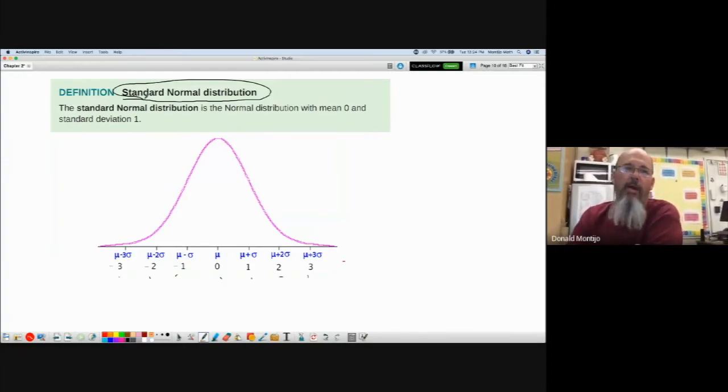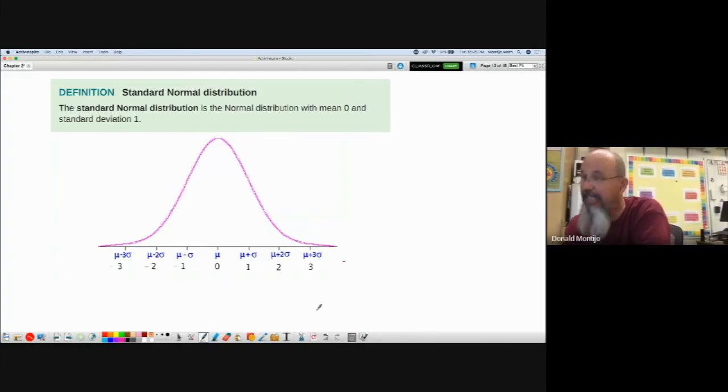How can I compare a 5-year-old's reading level to an 18-year-old's reading level? Well, if I standardize their scores, and you guys are probably very used to standardized scores, AP tests are standardized, SAT scores are standardized, heights of Americans, that's a standard distribution as well. Lots of data sets in the world are standardized.